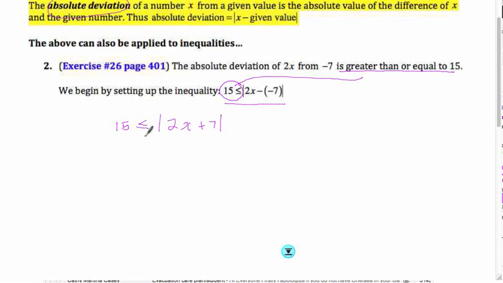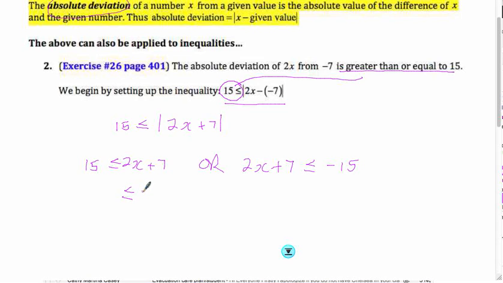I have once again a greater than absolute value, so this expression is more than 15 units from 0, and so I'm now going to drop the absolute value and write my compound inequality. 2x plus 7 is going to be greater than or equal to 15, or 2x plus 7 is going to be less than or equal to minus 15, more than 15 units away from 0 on the left hand side of the number line.